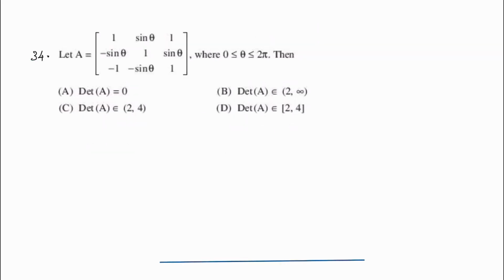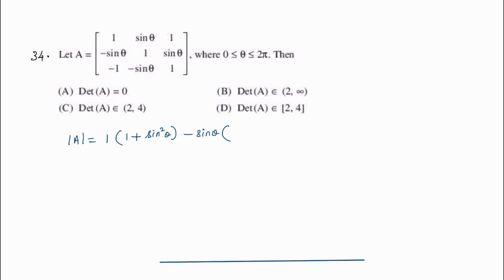Question 34, this is the last question of determinants. Let A be a 3 by 3 matrix is given where 0 less than or equal to theta less than or equal to 2 pi. Then let us expand this determinant along the first row. 1 into 1 minus of minus, so plus sine square theta. Middle term gets a negative sign.